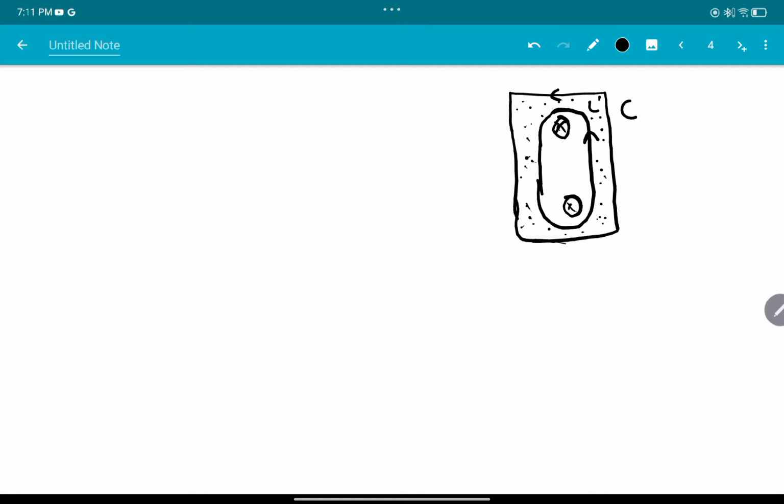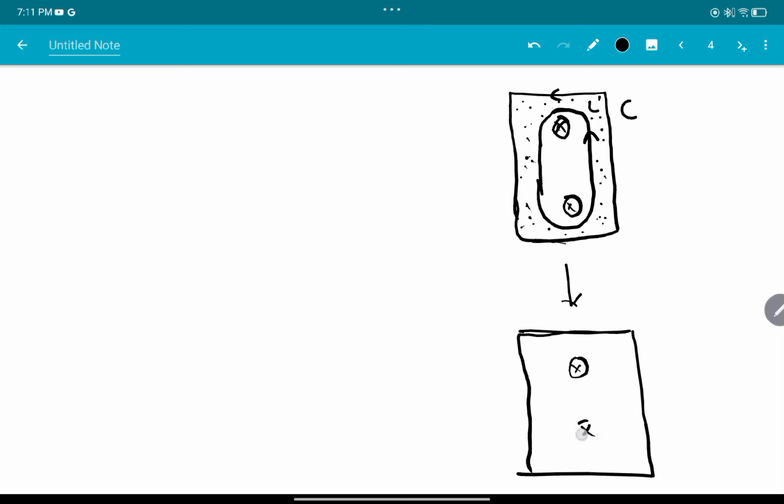Now I will deform it slightly more. I will change it into this. This is the original path, and then what do I do? This is one singularity, this is another singularity. I enclose this singularity by almost a circle. But I will not end the path here.